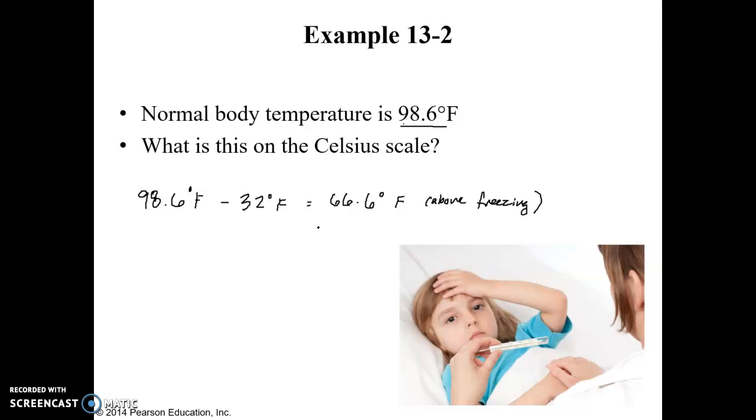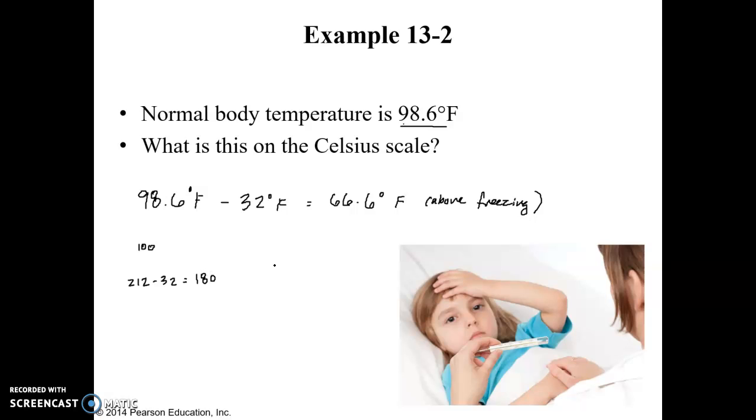Okay, and so on the Celsius scale, the number of degrees between freezing and boiling is 100. The number of degrees on the Fahrenheit scale between boiling and freezing is 212 minus 32, which equals 180.